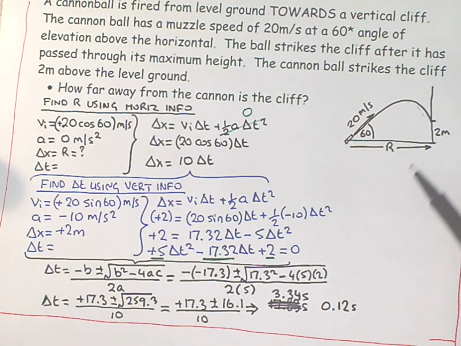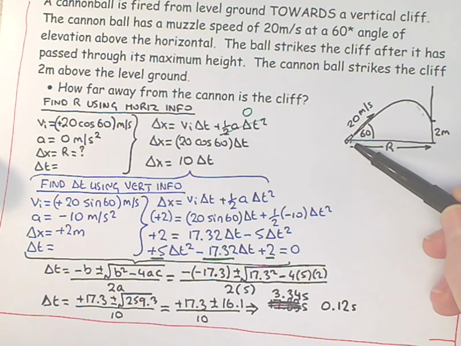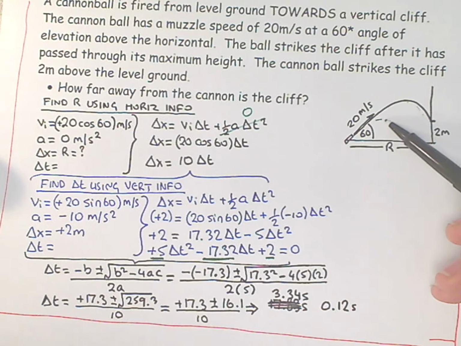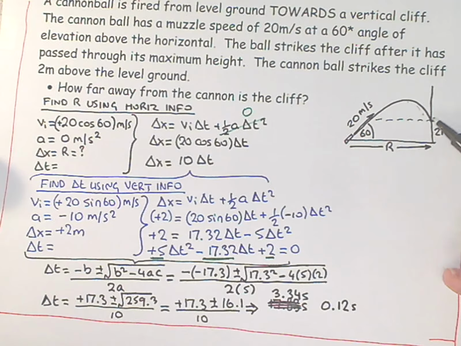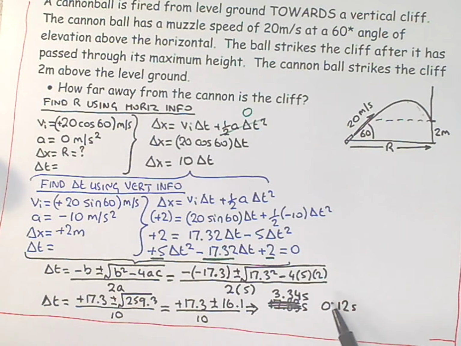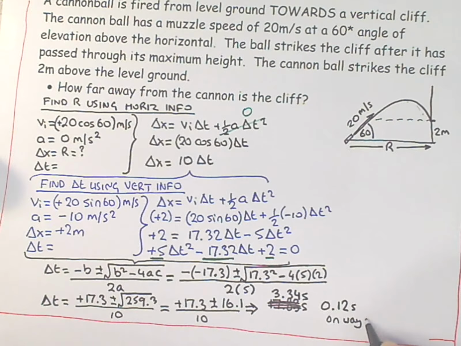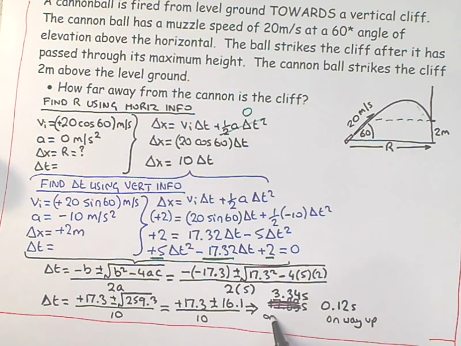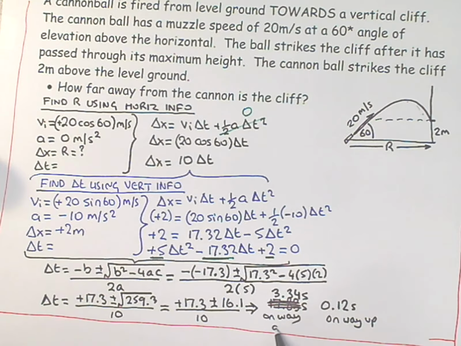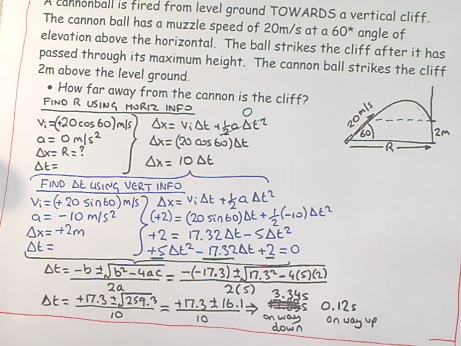Let's have a look. What's going on here? You pass this height on the way up in 0.12 seconds. So that is the time on the way up, and this is the time on the way down. So they both have physical meaning. But here's the point.